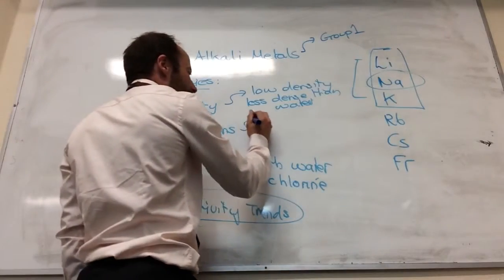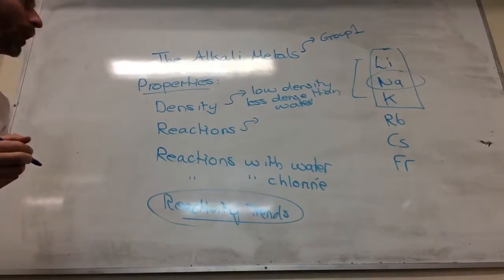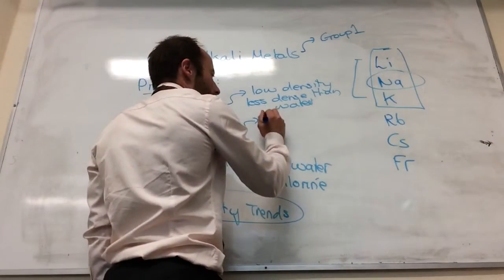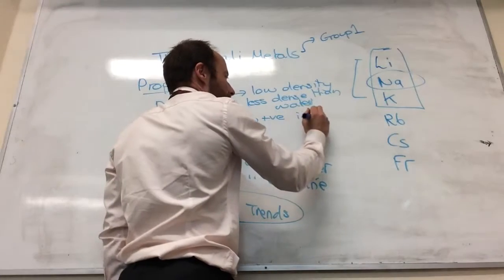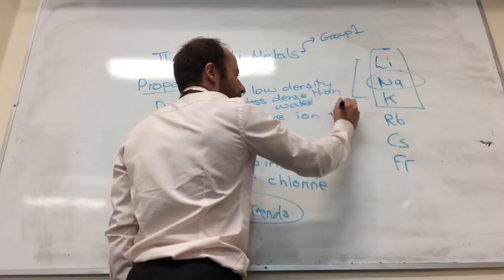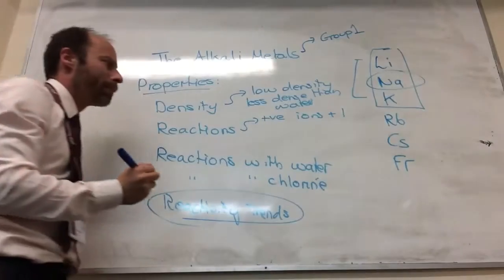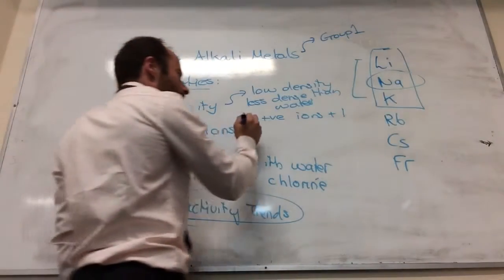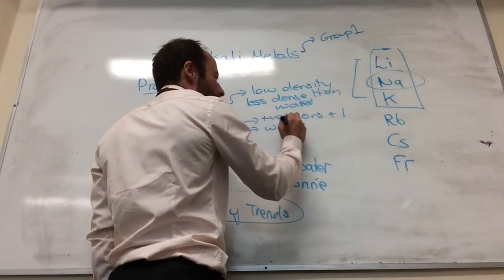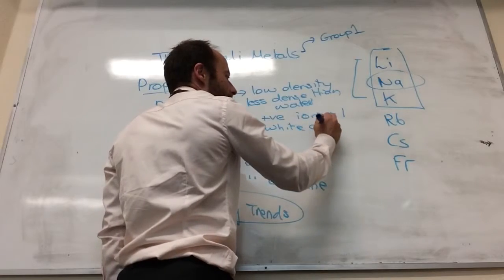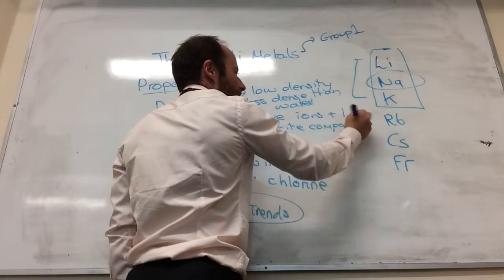In terms of their reaction, because they're group 1, they always form +1 ions. So positive ions, and they're always going to be +1. They're also always white compounds, and you know that from your experience of them in the lab.